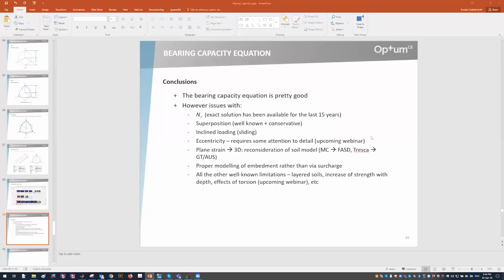I just want to know which kind of finite element solver do you have now in Optum? Is it the implicit FEM, or do you have also explicit?